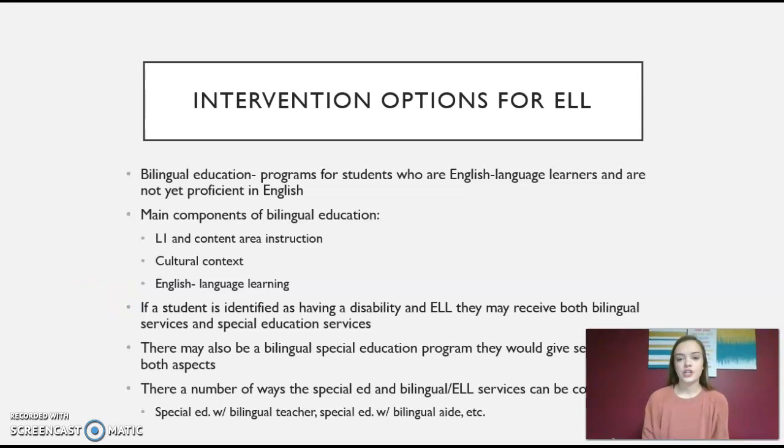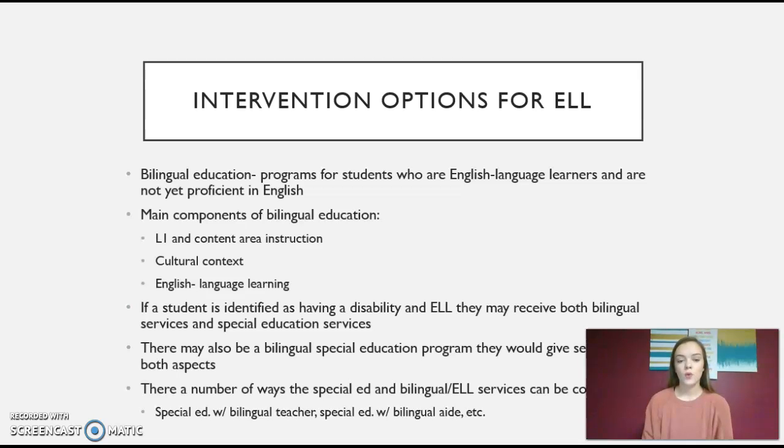There are different intervention options for English language learners. The most common one is bilingual education, and that's the one that's most widely used. This is a program for students who are English language learners and are not yet proficient in English. There are a couple different components that go into bilingual education.